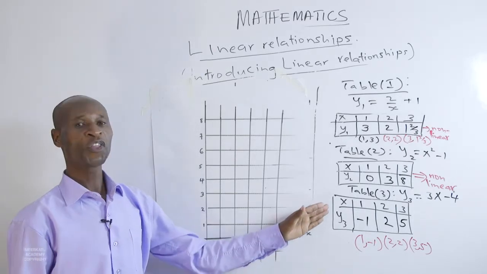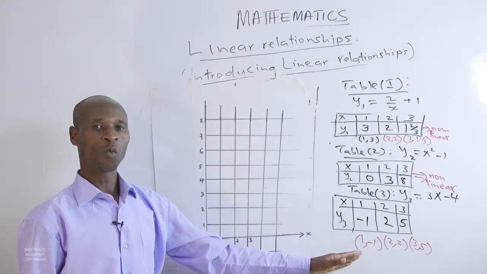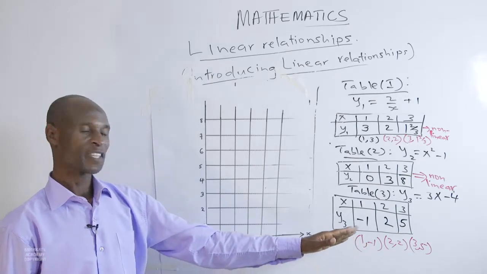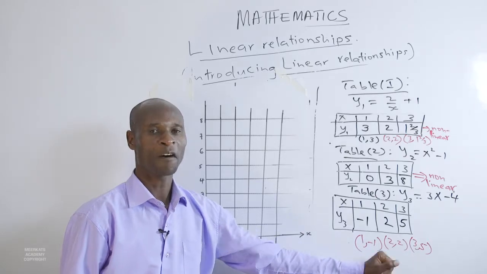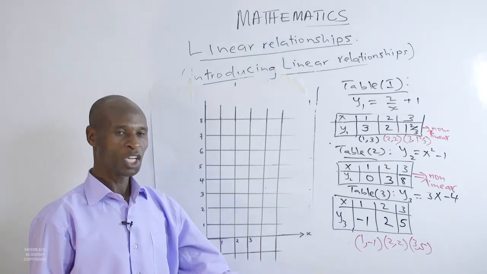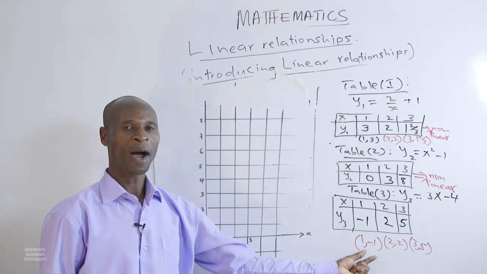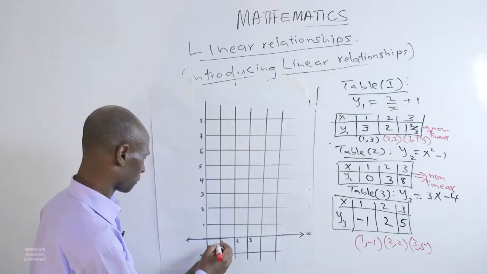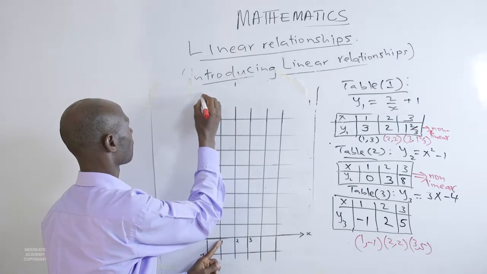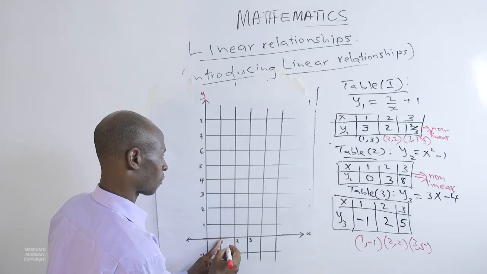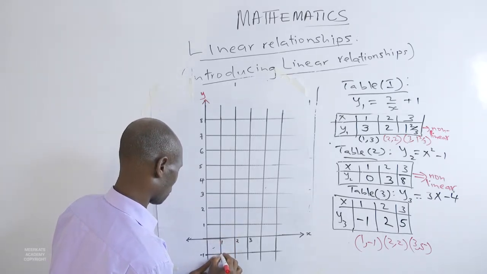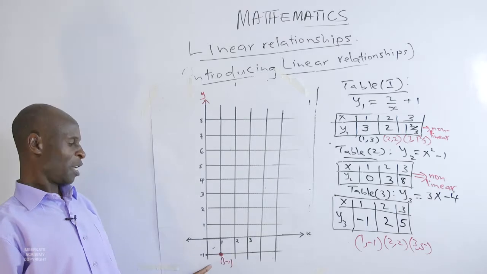Now, in our table 3, the coordinates are 1, -1. The second one is 2, 2, and the last one is 3, 5. So we start by plotting the first point, 1, -1. So the first point has been plotted.